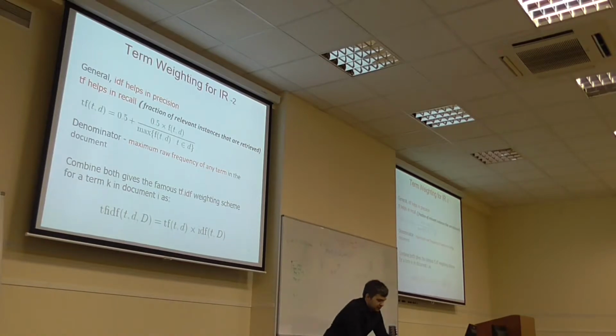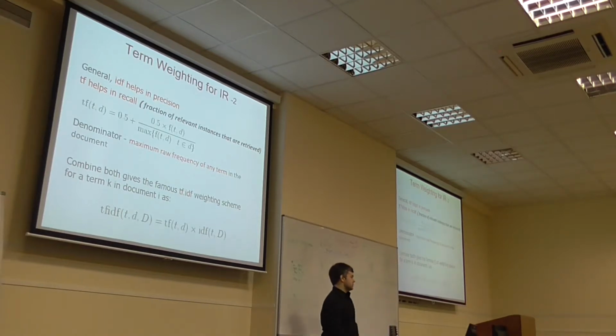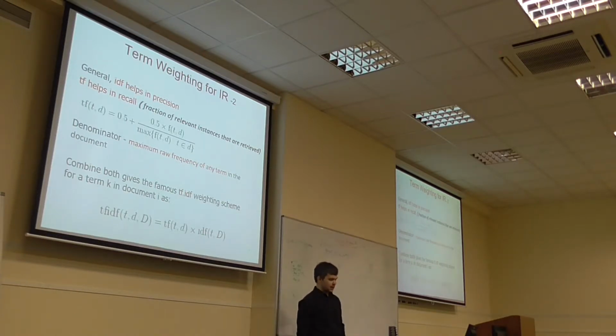And TF, term frequency, helps in recall. Recall is the fraction of relevant documents that are retrieved. Basically, out of all the relevant documents, how many we manage to get. It doesn't matter how many irrelevant ones we get.